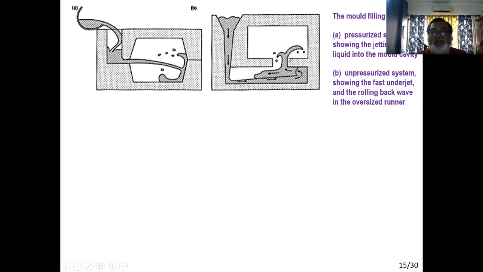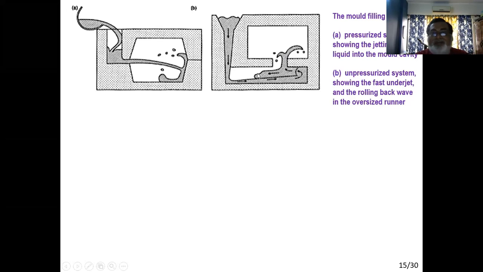Why is there a lot of splashing? The liquid metal hits the far end and then rolls back, and because of the wide channel of the running system, this type of backfilling is allowed.